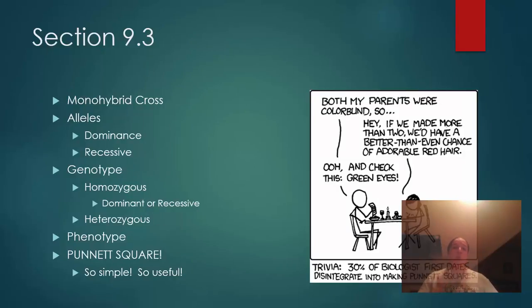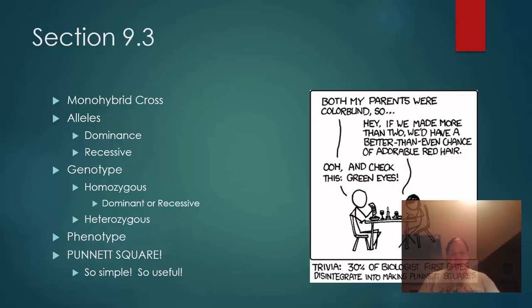What Mendel was doing back in the 1800s was studying his plants one trait at a time, which is something called a monohybrid cross. He was looking at one set of genes at a time.